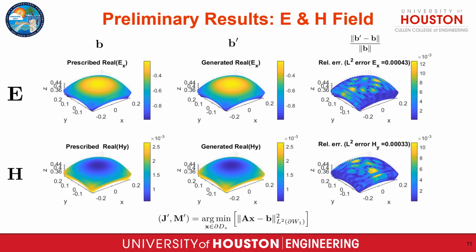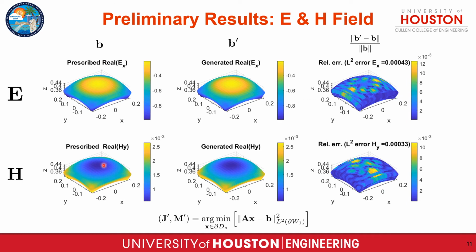This figure shows the E and H field synthesis. The first row is the electric field, and the second row is the magnetic field. Because we only have Ex and Hy as non-zero components, we only show these two components.